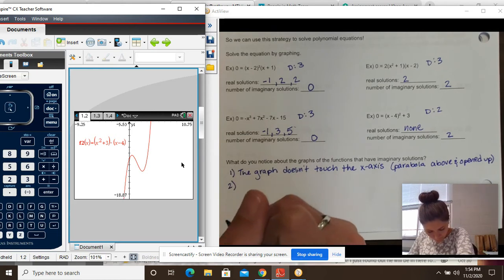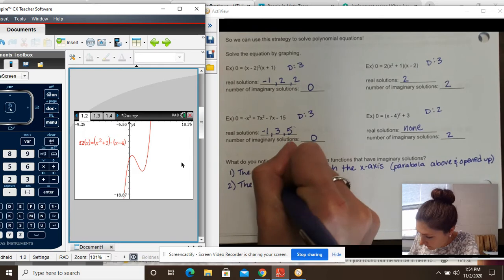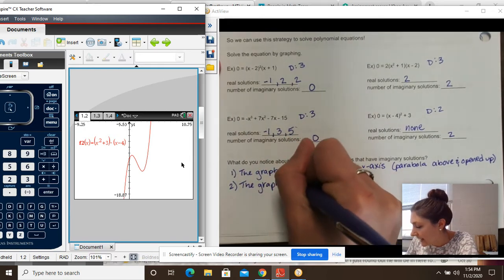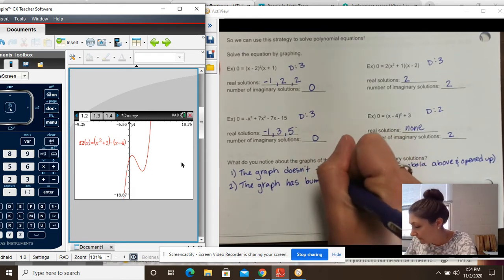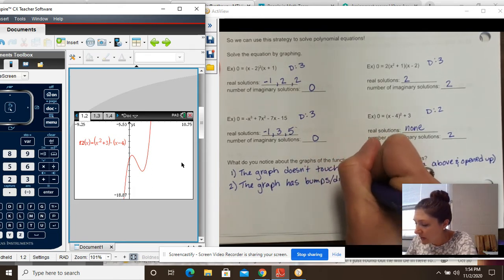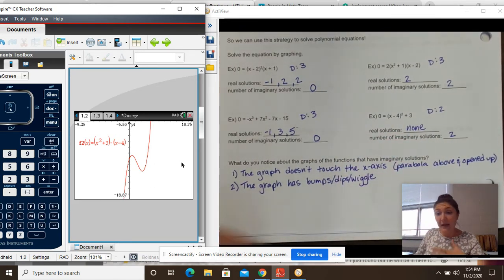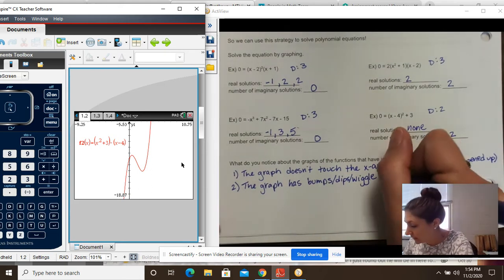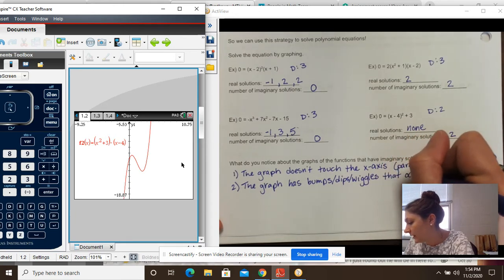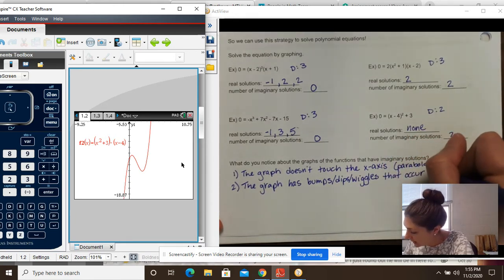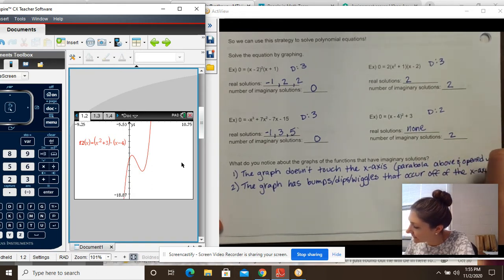Or the graph has some sort of bumps, dips, wiggles, whatever we want to call them, some kind of stuff that occurs off of the x-axis.